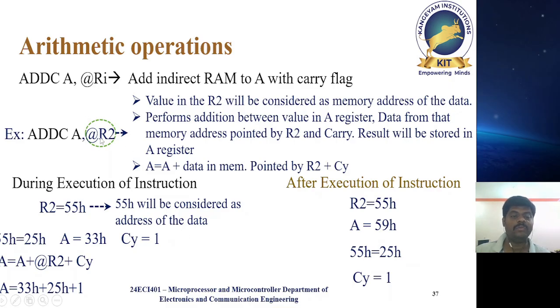What happens to R2 we have already seen in so many examples. The only difference in this instruction is that we are going to add the carry information also. The carry from the execution will be included in the addition process. That is what happens with ADDC.